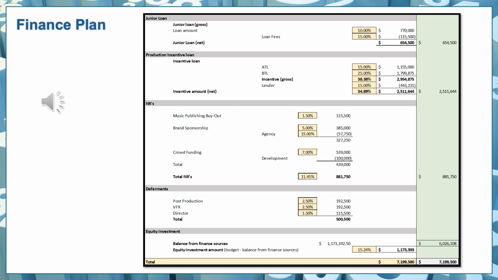The post-production and the visual effects house each defer 2.5% of the budget, that's $192,500. The director defers 1.5% of the budget, that is $115,500.